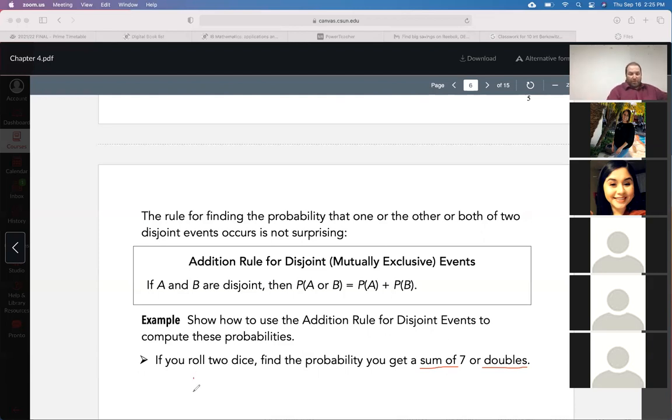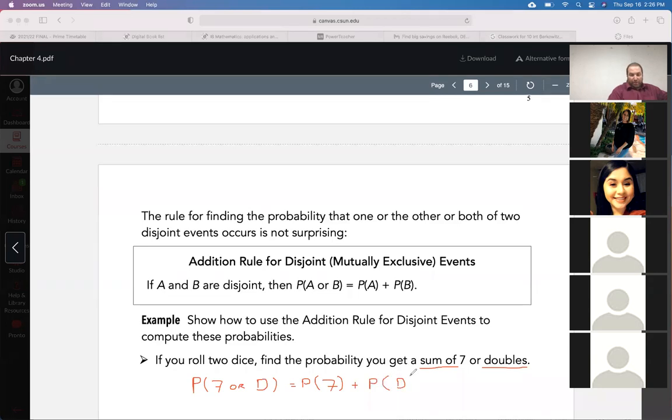So to find the probability of a sum of 7 or getting doubles, and I'm just going to use a shorthand, I'm going to say 7 or D. Although if you go out there in the world and say, hey, 7 or D, they're not going to know what you're talking about. So it only makes sense in the context of this problem. I can do it as the probability of getting a 7 plus the probability of getting doubles.